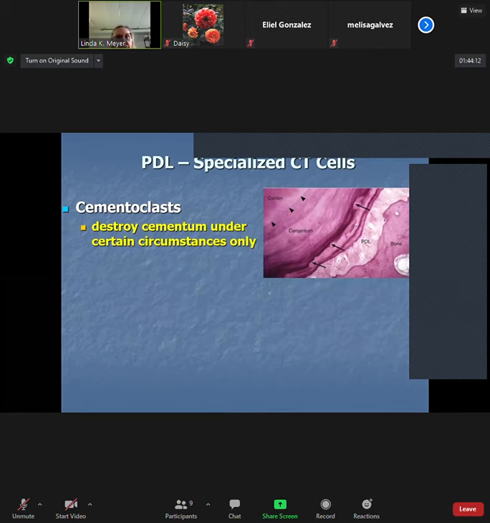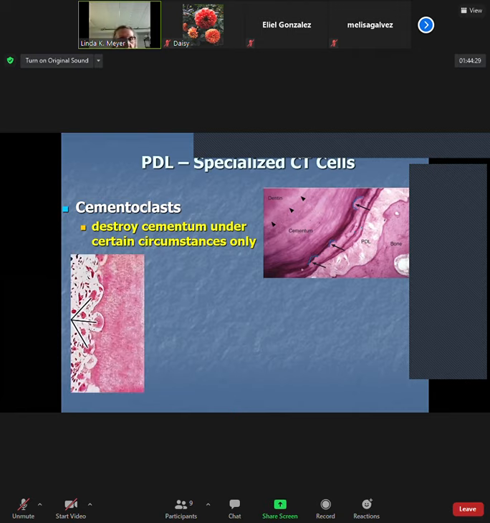And then here I'm just showing you the cementum, here's the periodontal ligament, and there actually has been some root resorption, ditch-like areas in the root. And this is a tooth surface showing similar to the bone where these cementoclasts are destroying the cementum.